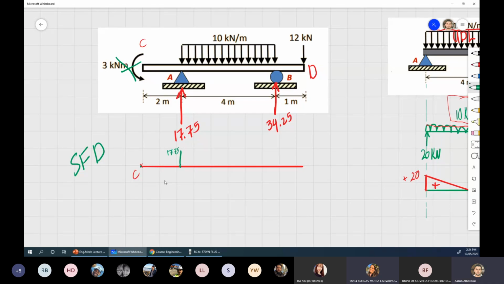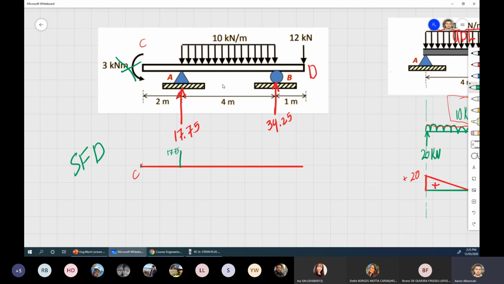So 2 meters after the point, I'm going to go down 40, which gives me minus 22.25, but this is going to give me an inclined line. I have to stop you here because I don't want anyone to remember this and start making this mistake. Aaron, this is wrong. Please, we don't have to do that.